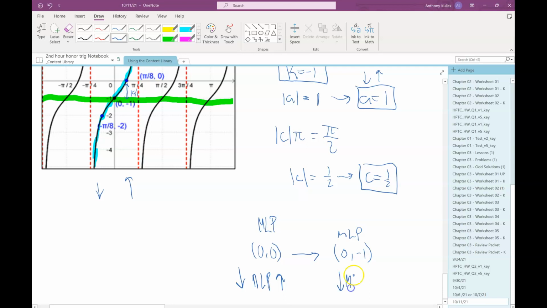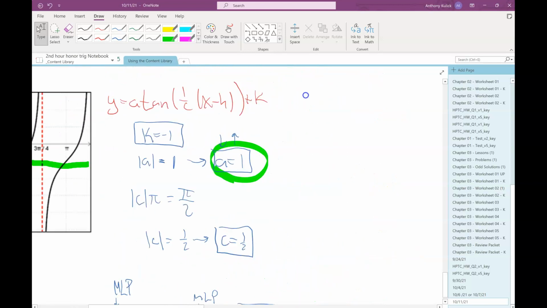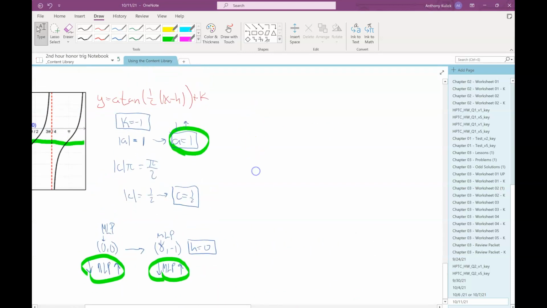Again, in the transformed version, we have the same type. So again, we observed this part already when we said that A was positive. And since our x-coordinate in the parent function is 0, then our x-coordinate in the transformed function is our h. And just like before, we are done.